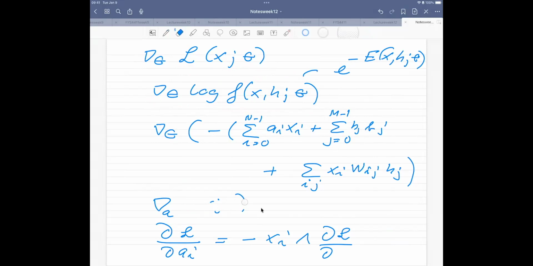What I should have done here is to put in the log of f. This is the function which we need to calculate the derivatives of. So let me be a little bit more precise: log of f and log of f here. If I do this with respect to b of j, this is simply equal to minus h of j.